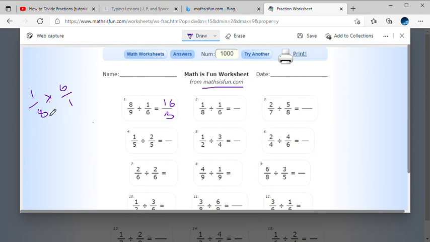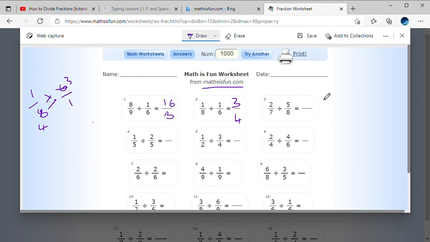We could also simplify the 8 and the 6 and then cross multiply, because 8 and 6 are both divisible by 2. So we'll have 3 here and 4 here, because 2 goes into 8 four times and 2 goes into 6 three times. We'll have 3 times 1, which is 3, and 4 times 1, which is 4. So 3 over 4 is the answer for number 2.